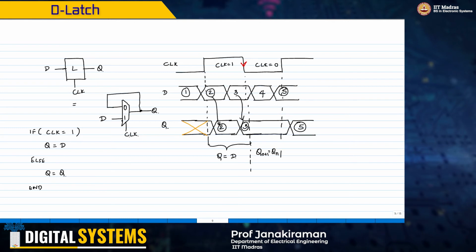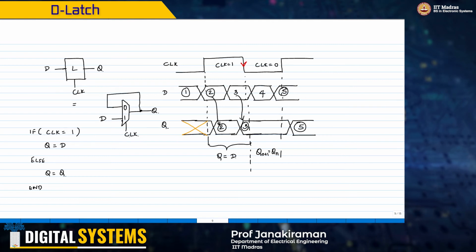I'm just feeding back my Q to the input of the multiplexer, and it is supposed to hold that data. I told you earlier that in the adder case we cannot do this. But remember, in that case I wanted the Q to actually change and then go in as a new input to that adder. That was not possible, but if the Q is supposed to be the same as what it was earlier, it is possible to do it with this feedback.